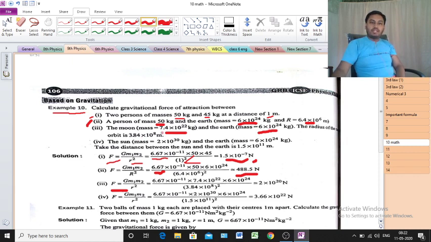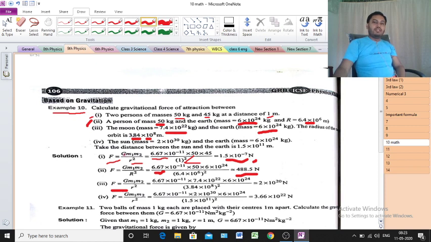The mass of the moon is 7.4 into 10 to the power 22 kg, and the mass of the earth is 6 into 10 to the power 24 kg. Again the radius of the orbit, that means the distance. Clear? What is the distance or radius of the orbit? It is 3.84 into 10 to the power 8 meter.